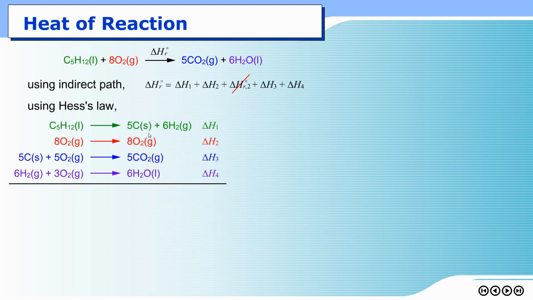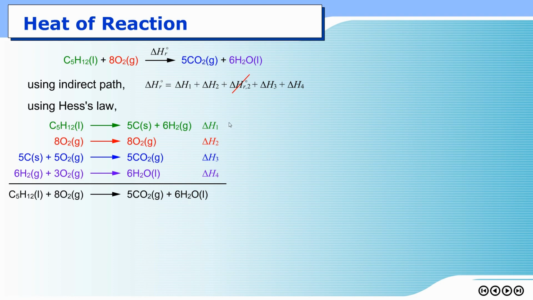When we try to combine them, pentane on the left hand side remains on the left hand side. The oxygen here and the red oxygen here cancel out, so we have 8 moles of oxygen on the left hand side, right? Carbon would cancel out, hydrogen would cancel out, leaving only carbon dioxide and water, just like this equation.